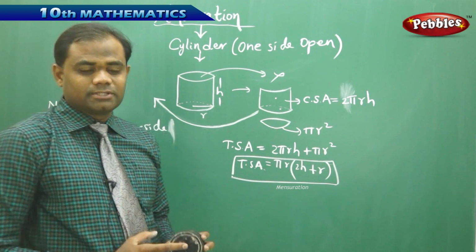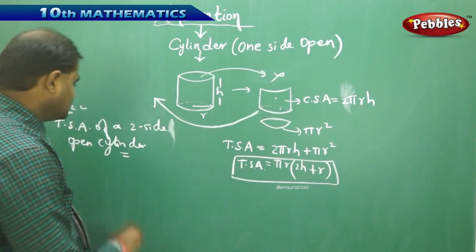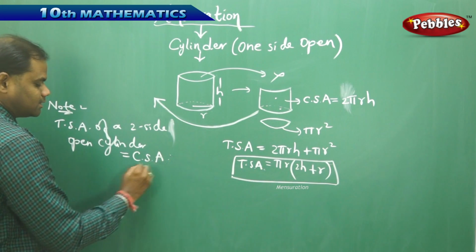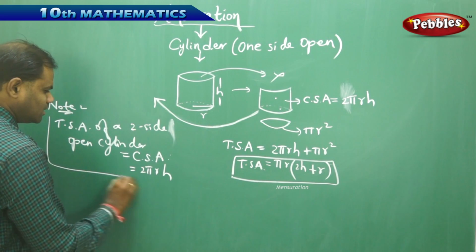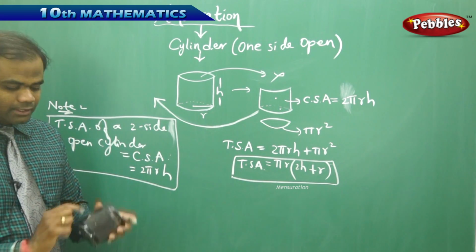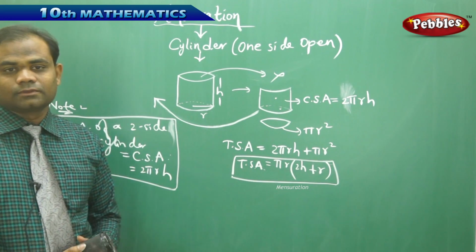A two-sided open cylinder does not have even this circle into existence, so it is nothing but the CSA, and that is 2 pi r h. So the TSA of a two-sided open cylinder is nothing but the curved surface area, only the curved part included, and that is 2 pi r h unit square.